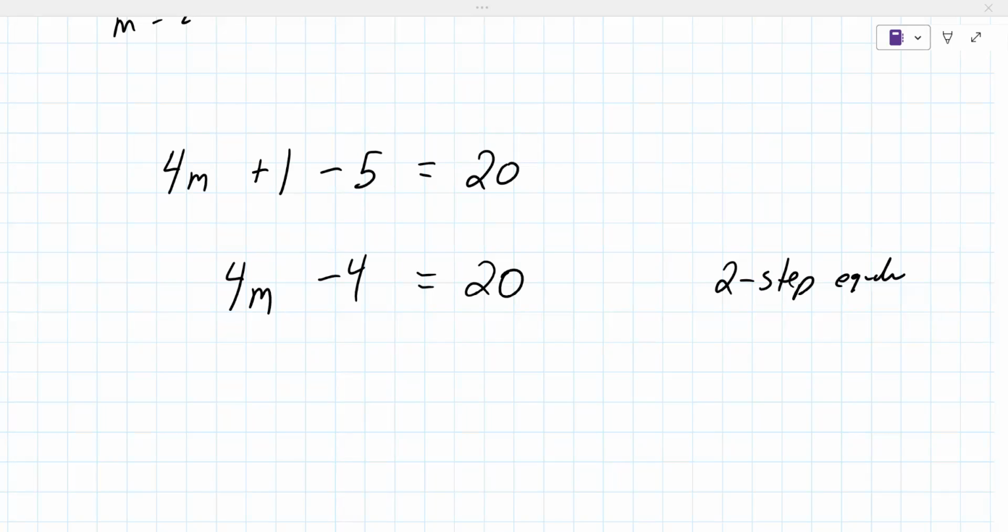M equals 6. Okay. M equals 6. I agree. Very good.